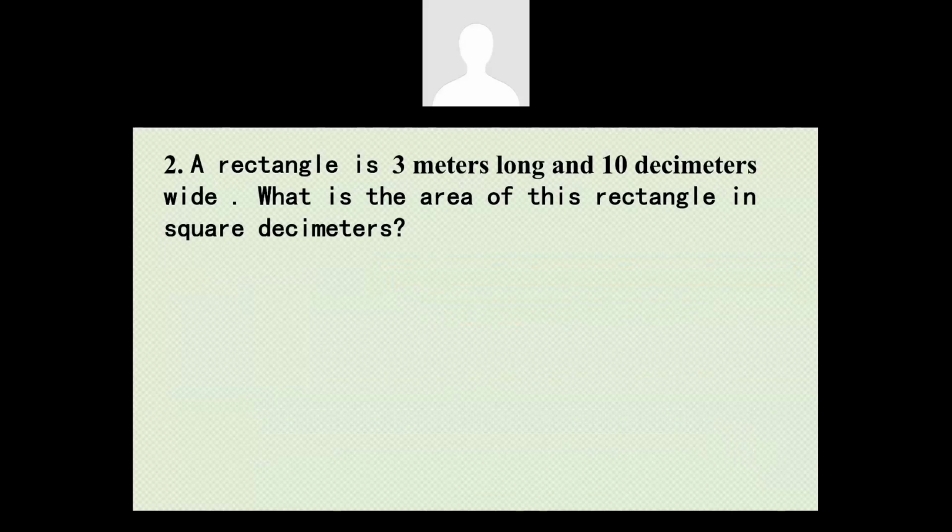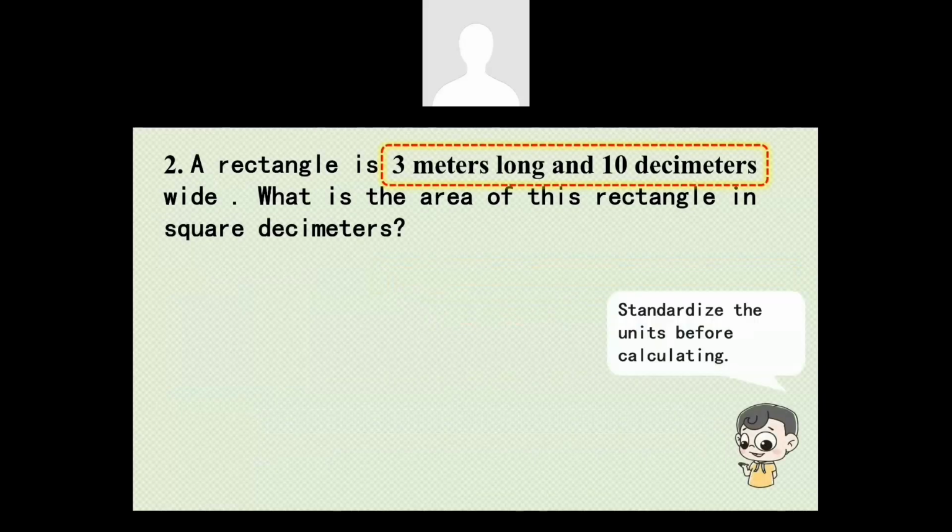Okay, let's do exercise 2. Length 3 meters, width 10 decimeters. Find the area in square decimeters. For calculating, what's step 1?